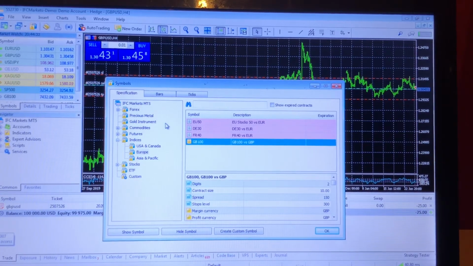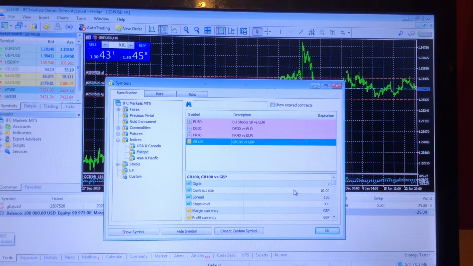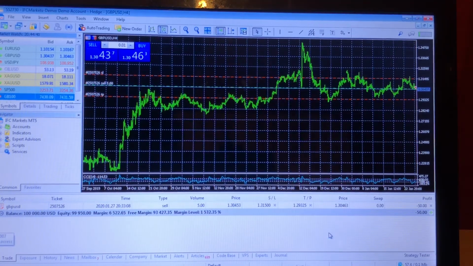Okay, so that's just all the sort of markets that I would usually trade.